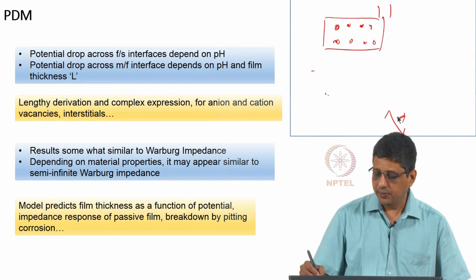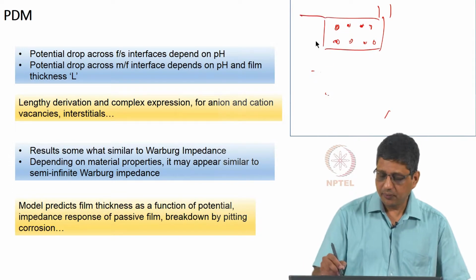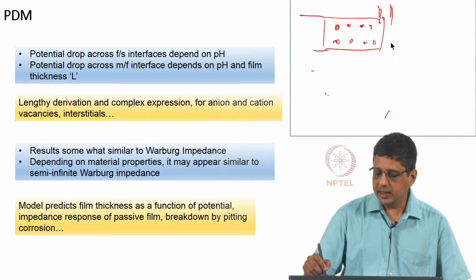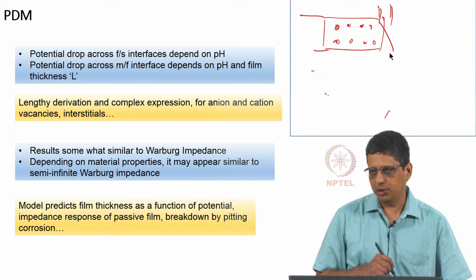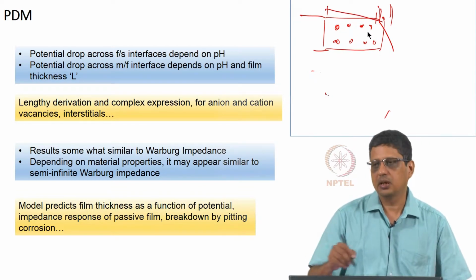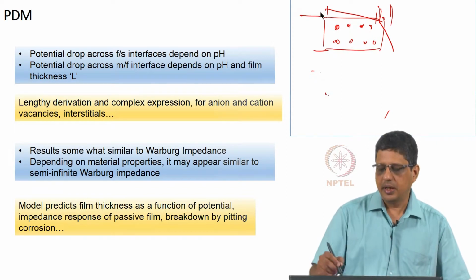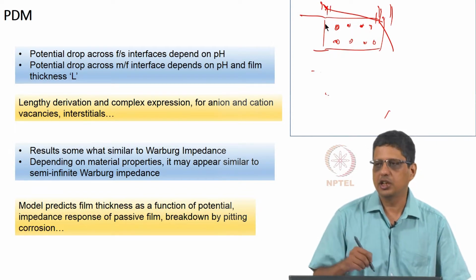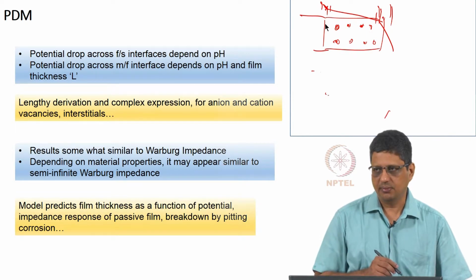Now, when you have a film, the double layer occurs here, there is a potential drop. In addition, there is a potential drop across this film, and in addition there is a possible potential drop across the metal film interface. Okay.